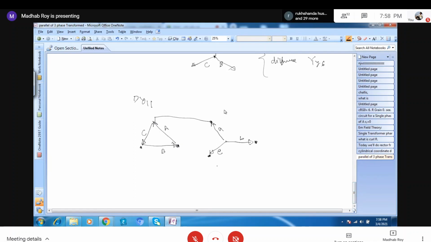So that's why this is another vector group test of the transformer. Thus each transformer connection should have a different vector group so that you can understand this one. Okay. So this is all for the parallel operation and vector group.